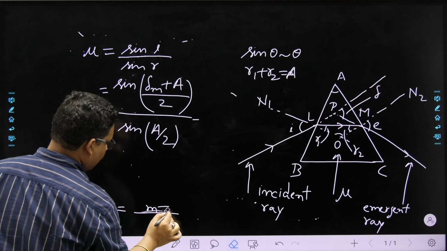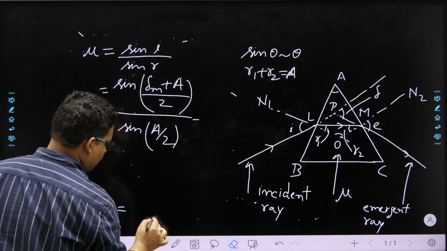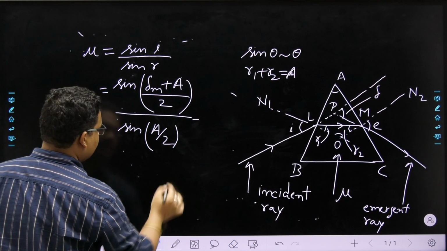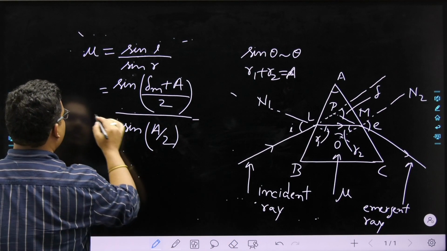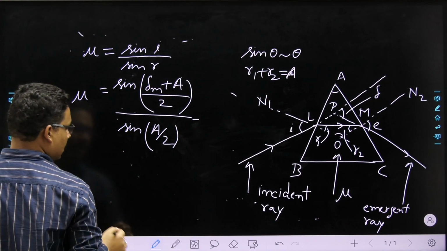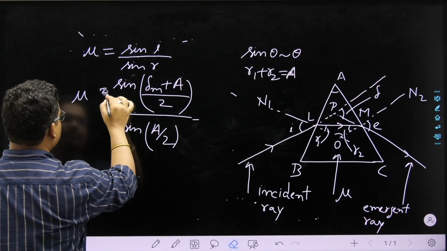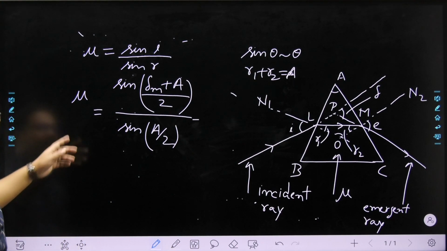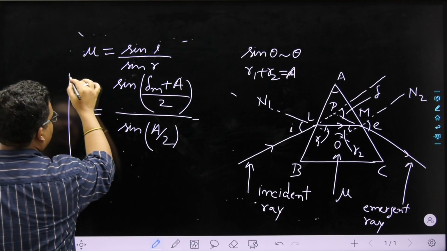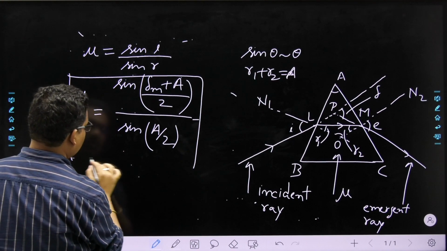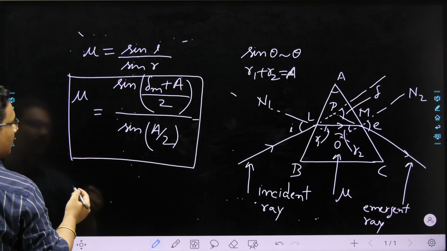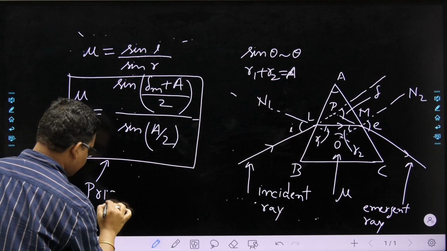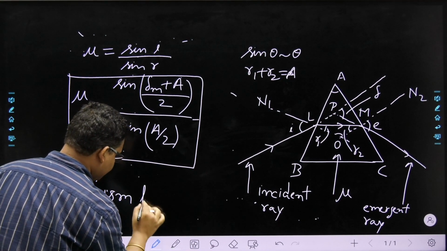This formula is known as the prism formula. Mu equals sine of (delta m plus A) by 2 divided by sine of A by 2. This is known as the prism formula. Clear?